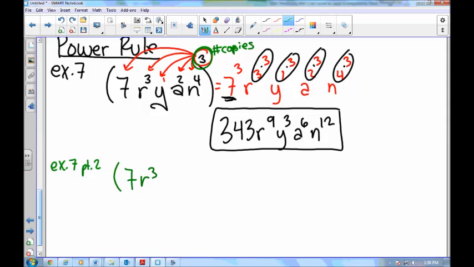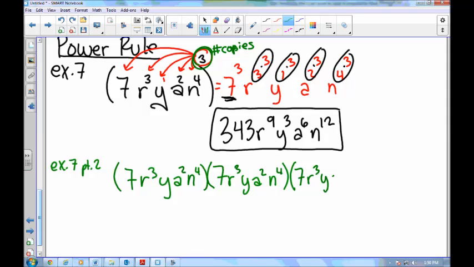I'm going to copy this 3 times, which can be a little tedious. If you copy it that number of times, which is why I try to keep the number small, once you get past 3, it gets a little long.